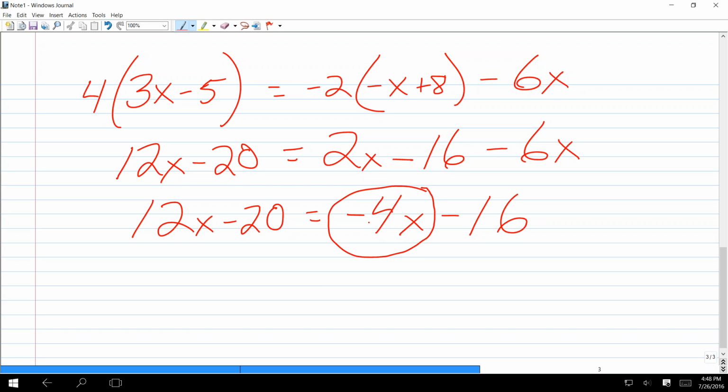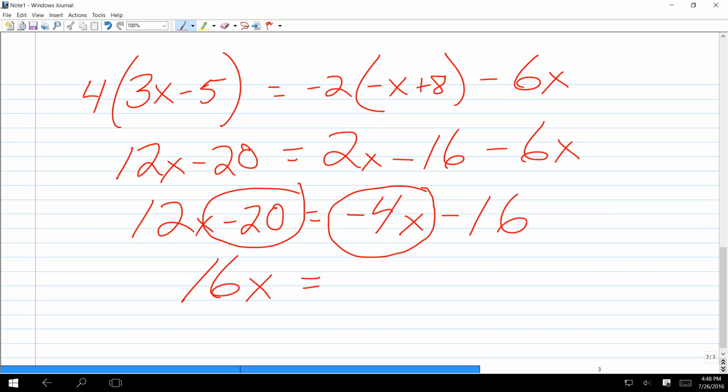So to move this minus 4x to the left, just make it plus 4x. And then I end up with 16x on the left.